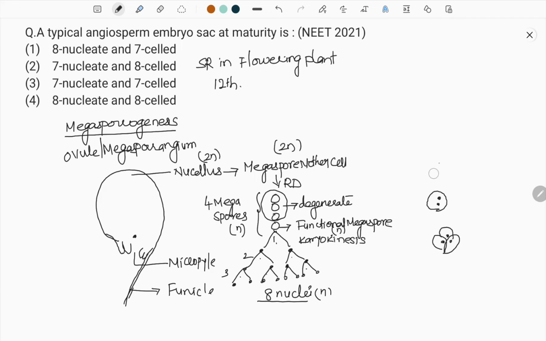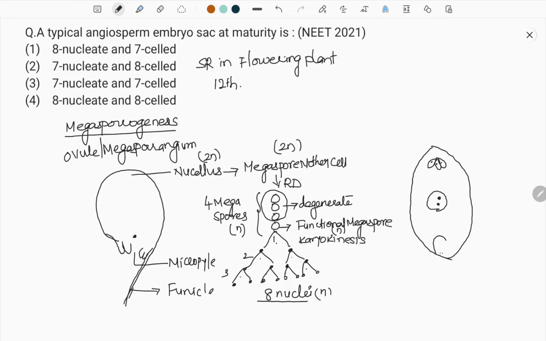Rather, these cells are very small in size when you compare with the rest of the cells. So, this whole structure is called the embryosac.